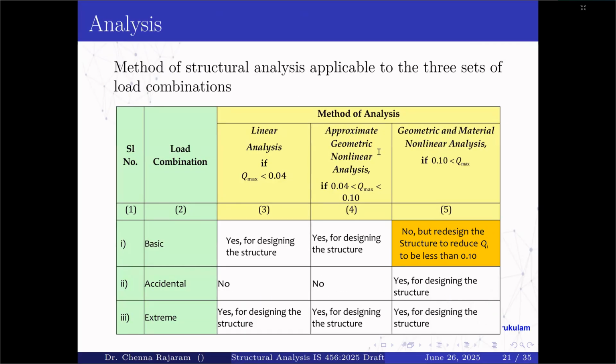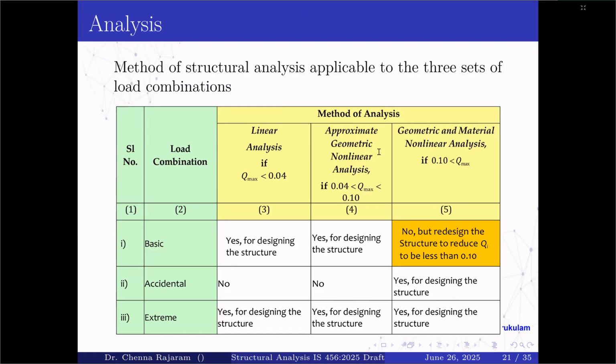A tabular column is given here for various cases with various load combinations, with a method of structural analysis applicable to the three sets of load combinations. The three sets of load combinations are basic, accidental, and extreme. The methods of analysis are linear analysis, approximate geometry nonlinear analysis, and geometry and material nonlinear analysis.